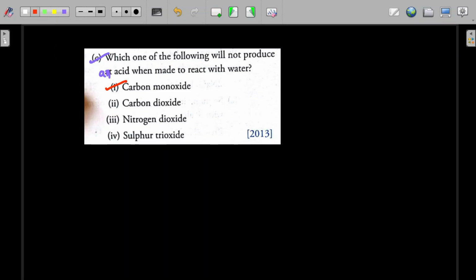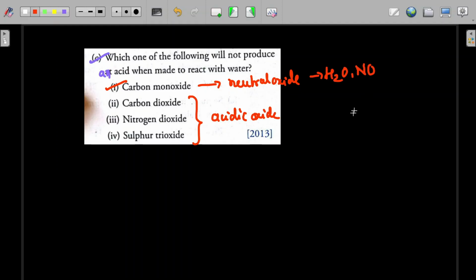So, to understand the reason for this, you should know that non-metallic oxides are of two types. One, acidic oxides. If you take an acidic oxide and dissolve it in water, it will definitely produce acid. Whereas some of them are neutral oxides, like carbon monoxide, H2O, nitrogen monoxide, the ones which contain a single oxygen.